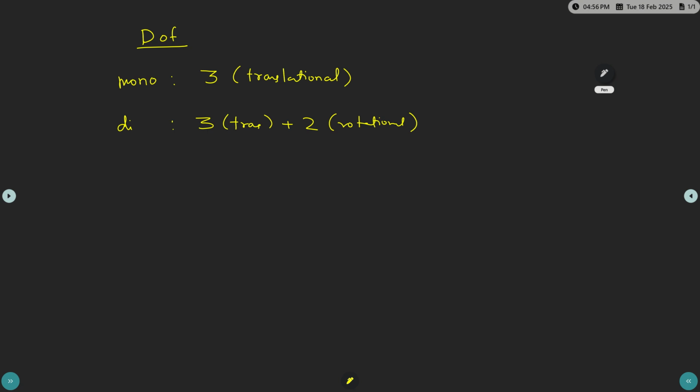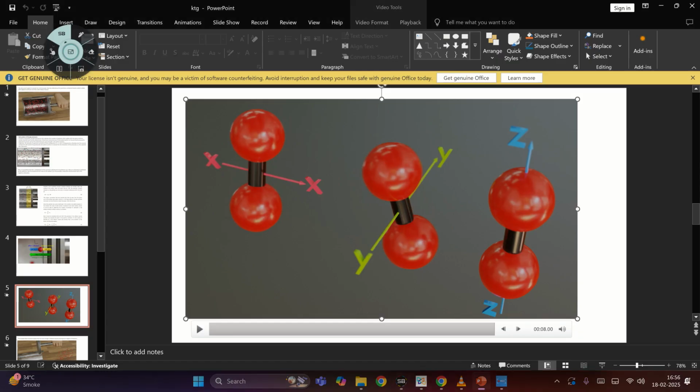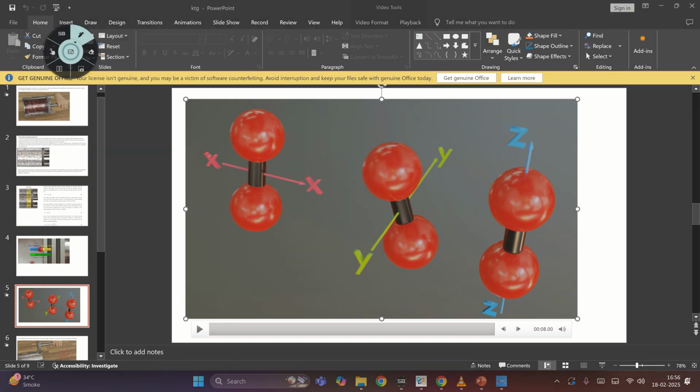Now if we consider a triatomic gas or a polyatomic gas, the number of degrees of freedom will be 3 translational plus 3 rotational. Let us look at why. If you look at a triatomic molecule, let us say this molecule, there is another molecule here.